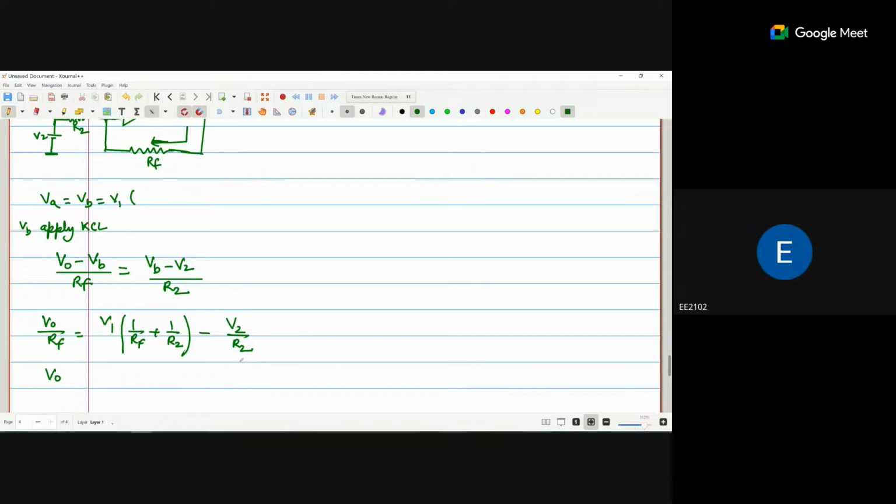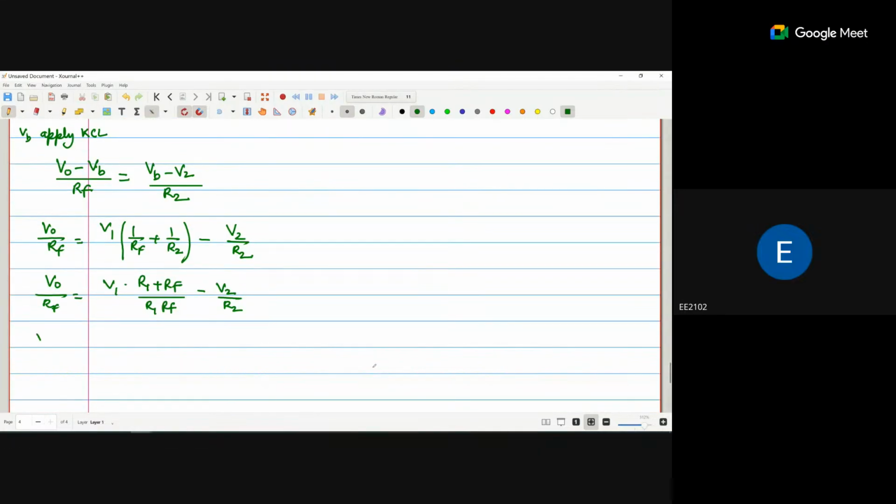So V0 by RF is equal to V1 into (R1 plus RF) divided by R1 RF, minus V2 by R2.